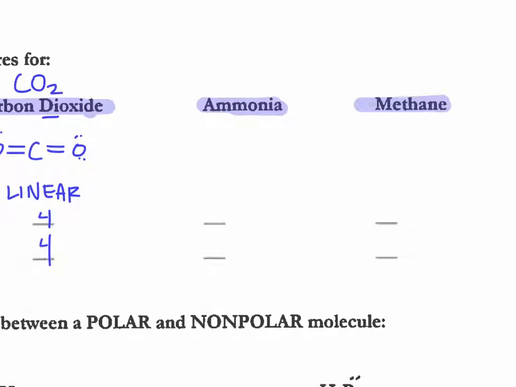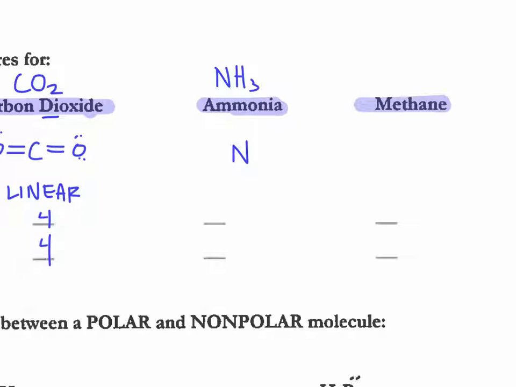Ammonia. Ammonia is one that you'll need to know. It is NH3. Let me try to draw that better. There you go. NH3. So hydrogen is in my molecule. Hydrogen can never be a center atom. So that means nitrogen is.